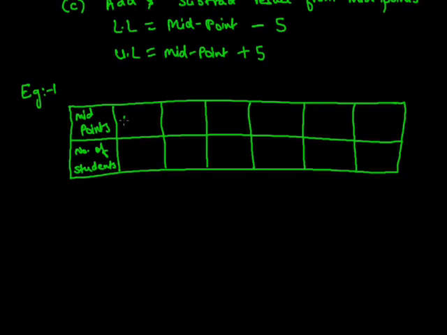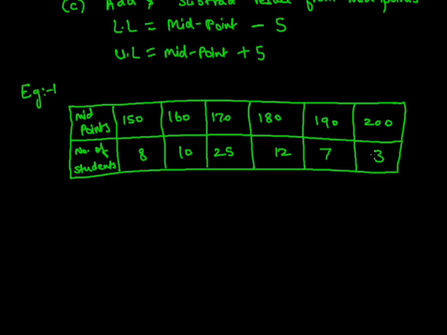So midpoints are given here as 150, 160, 170, 180, 190 and 200. Accordingly, the number of students are given as 8, 10, 25, 12, 7, 3.